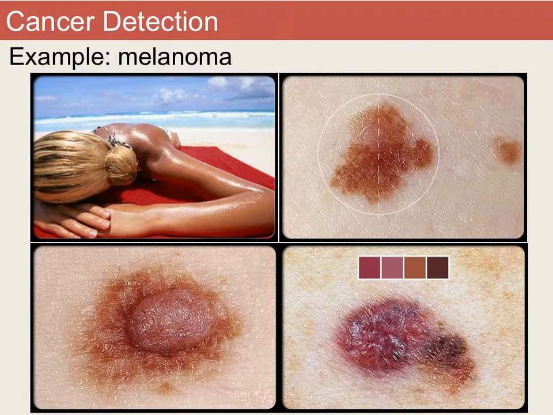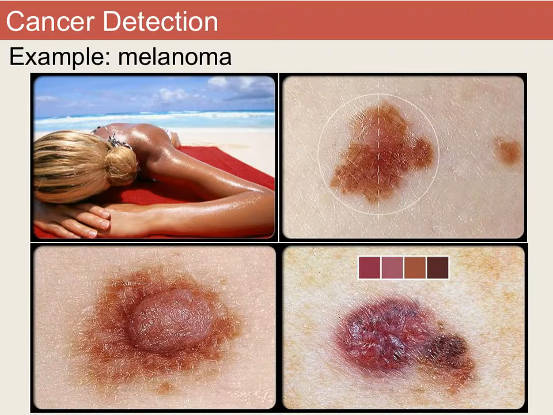So here's melanoma. Most skin cancers, by the way, are very slow growing. They don't cause a problem, but melanoma does. Once it actually starts invading surrounding tissue, it metastasizes very quickly, and you end up with tumors all over the place.